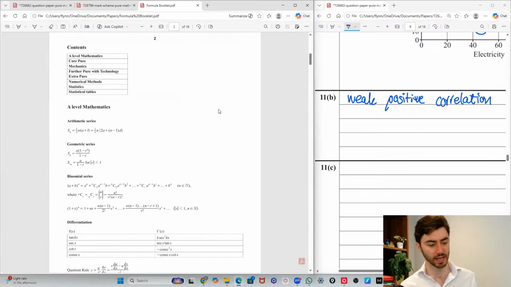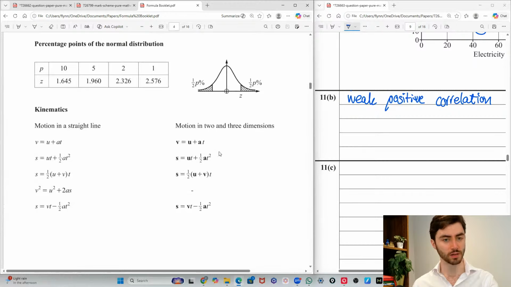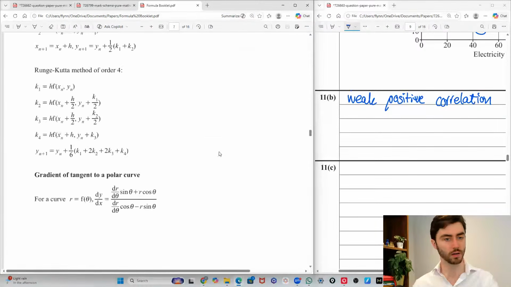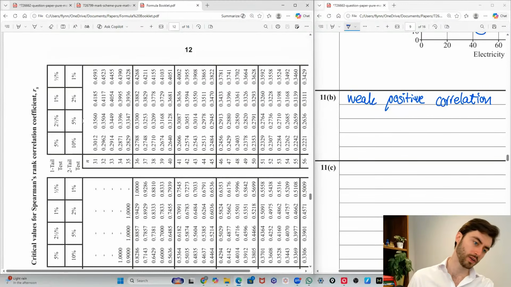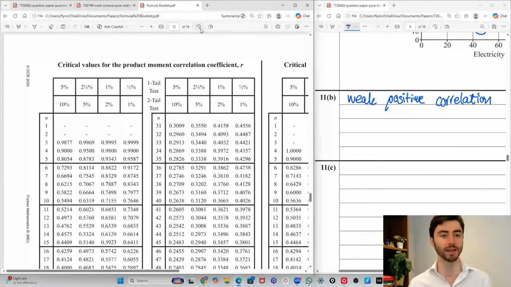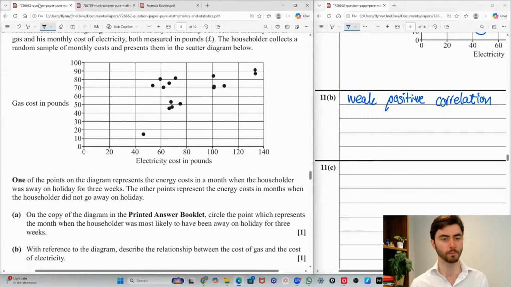It looks like here, what I know I'm looking for is the statistical tables, which are usually at the back. Here we go. Oh no, why are you sideways? All right, rotating. So critical values for PMCC versus Spearman rank.